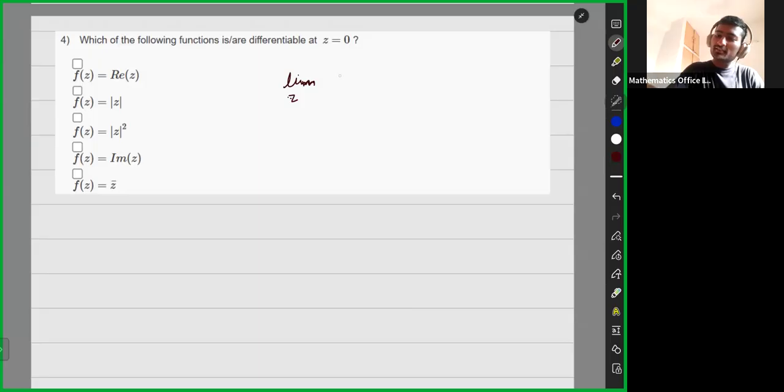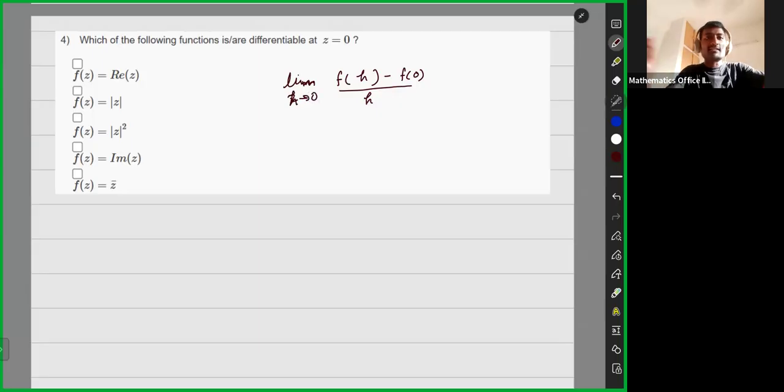There are many equivalent definitions. I'm writing f of z plus h minus f of z, where here we are taking z equal to zero. So we put only h, f of h minus f of zero divided by h. Generally we write z minus a, but here a is equal to zero, so only h tends to 0.